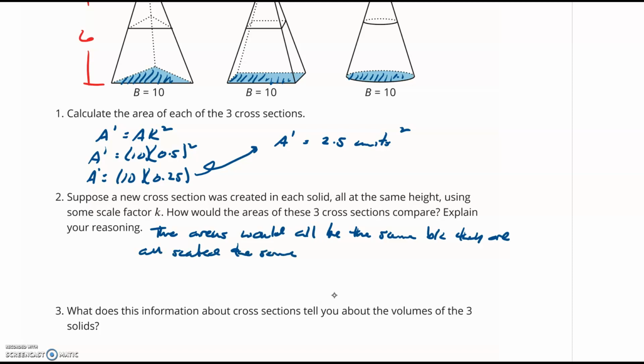And the areas would look like this: the original area of 10 times that scale factor of k squared. So this is what they would look like.